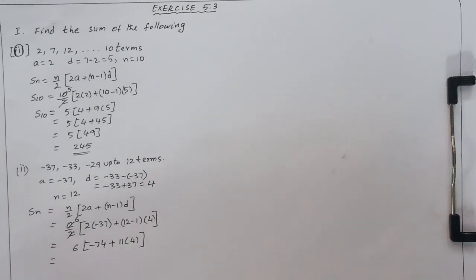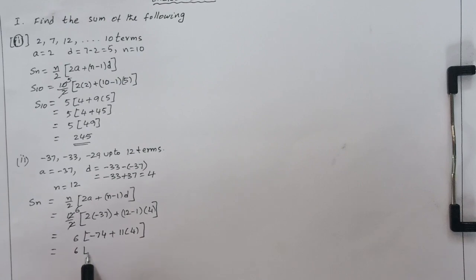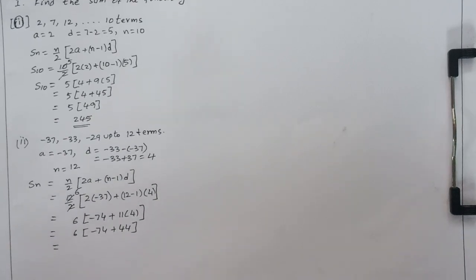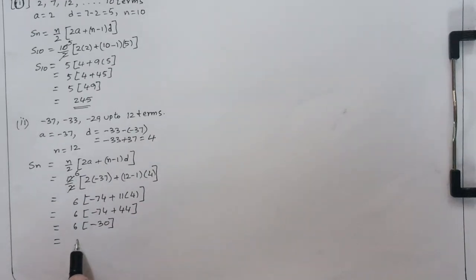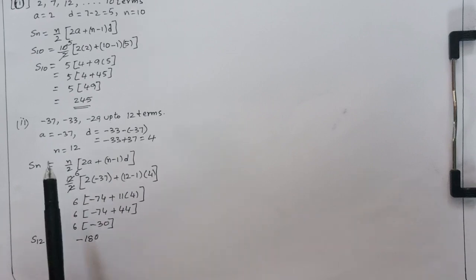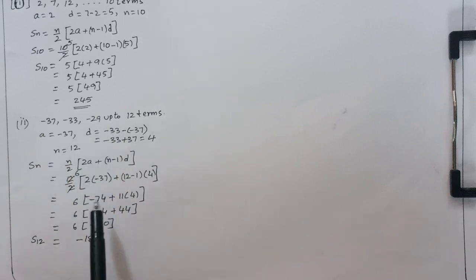That equals 6 into minus 74 plus 44, which equals 6 into minus 30, that is minus 180. This is S12, the sum of 12 terms in this progression.